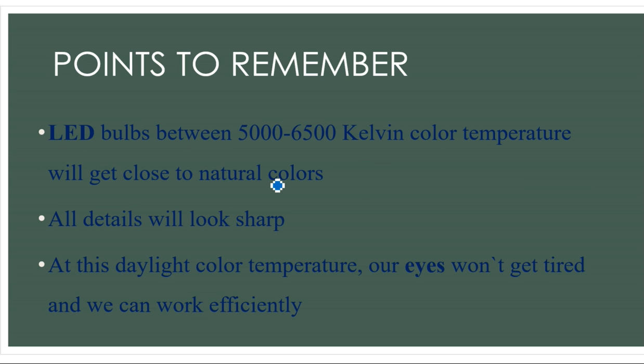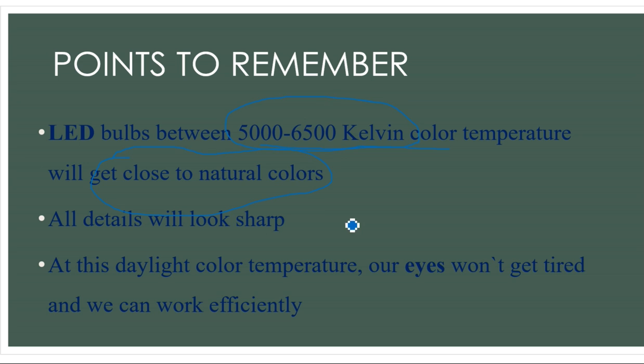Finally, a few important points regarding the light produced by LED bulbs. Between 5000 and 6500 Kelvin color temperature, the light gets close to the natural colors. This is one of the important MCQs you may have. This is the temperature at which the light seems similar to natural light, the natural color.